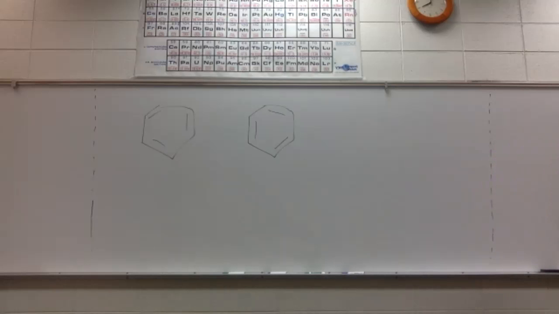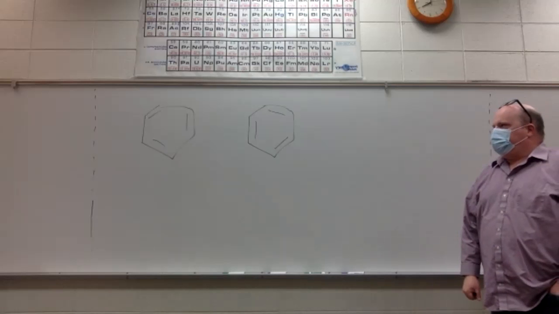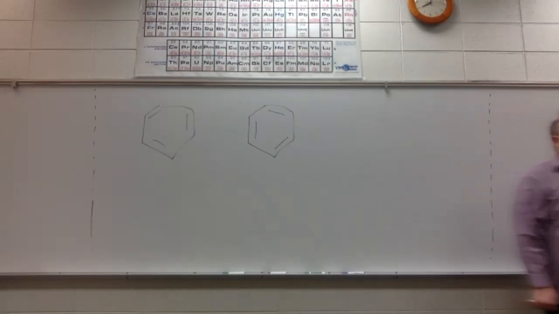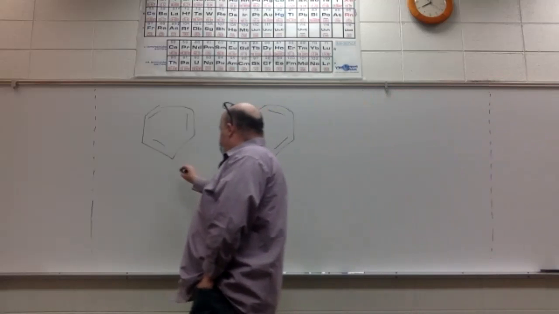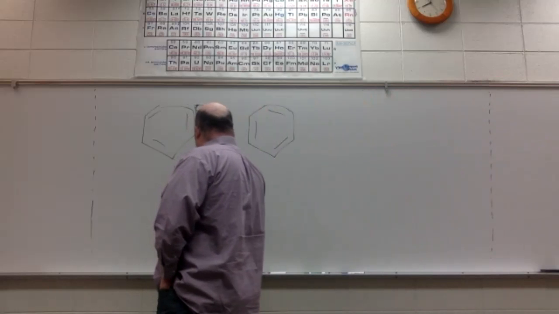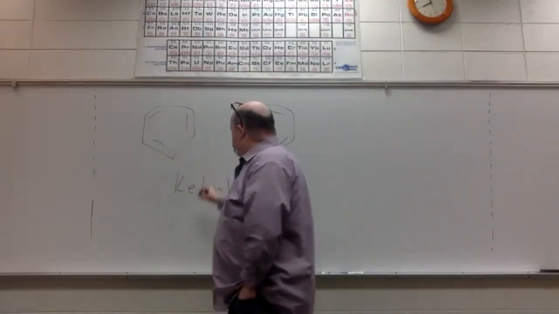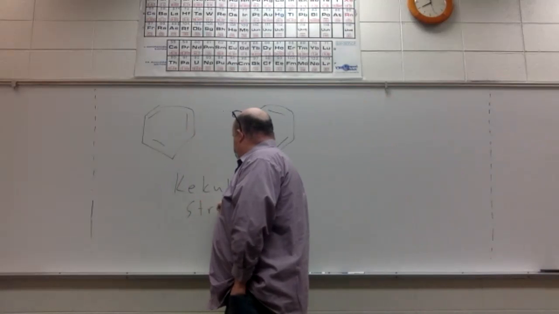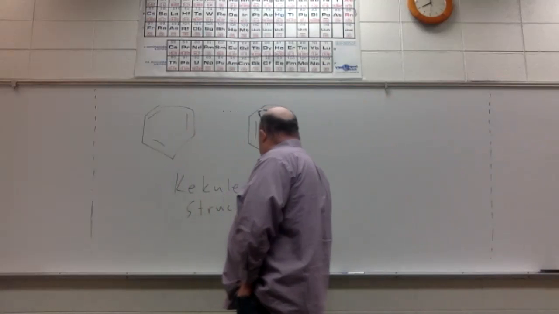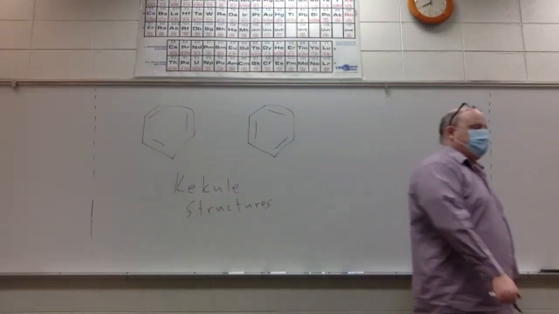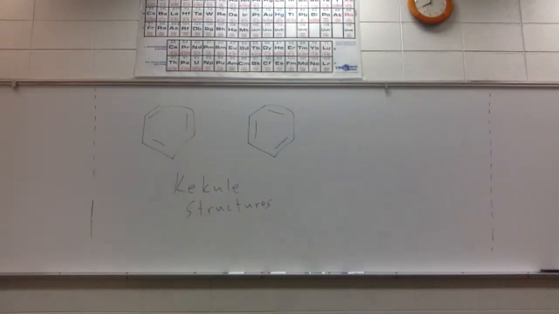Neat little history lesson. There was a guy that investigated benzene and its discovery and its existence and its properties. His name was Augustus Kekulé. And so these structures are actually named after him. They're called Kekulé structures, in case you ever happen to run into the phrase or term out there.